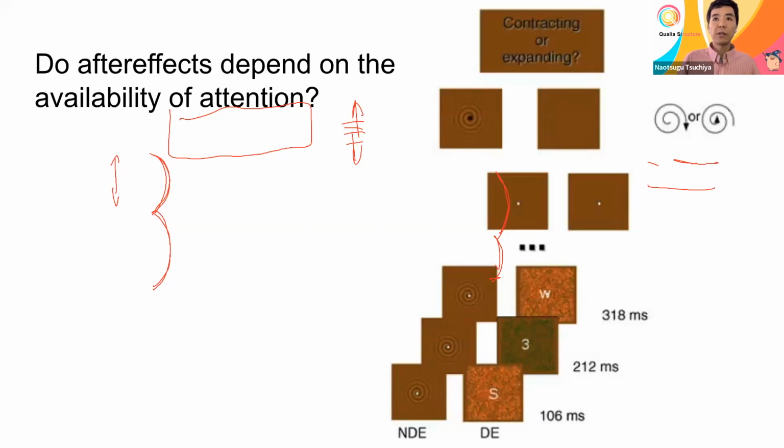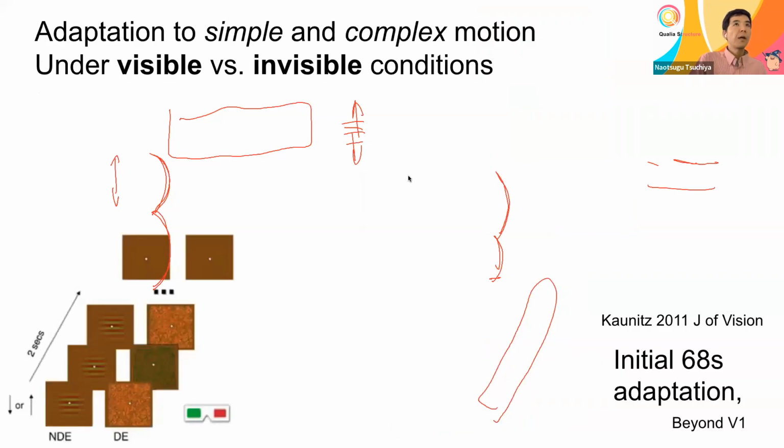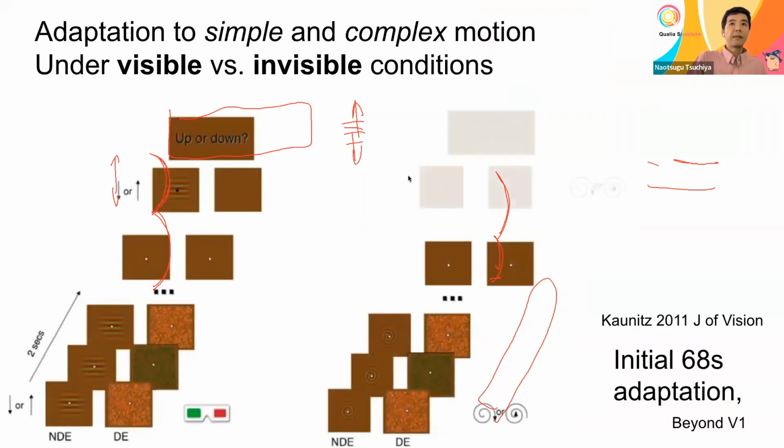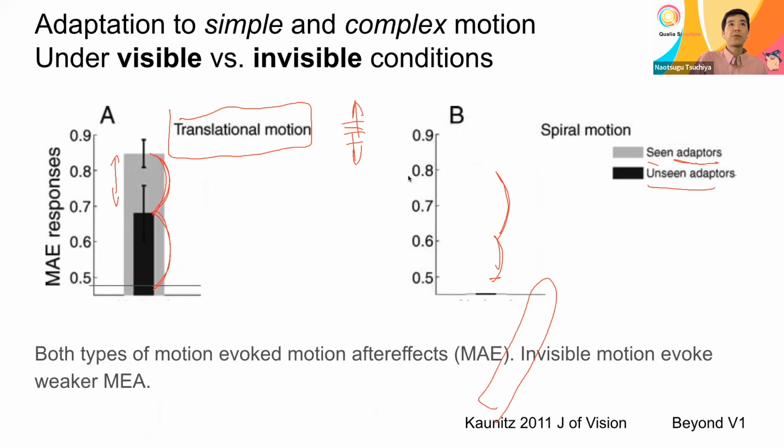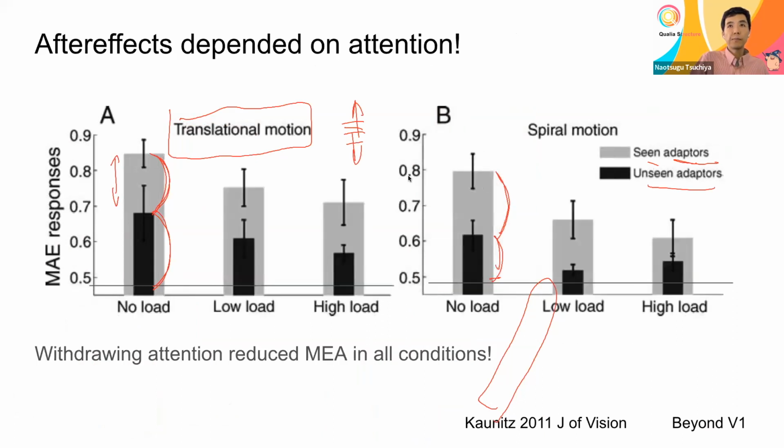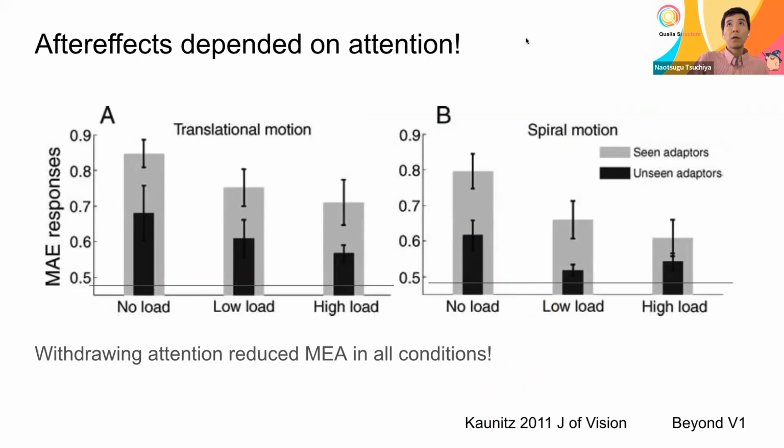So what Lisandro did was to induce an attention task at the center, pressing the button when there was a number 3 happening or something like that in the fixation. And then when they compared the conditions with and without attention, what they found was the following. The no load condition is the one that I showed just now.